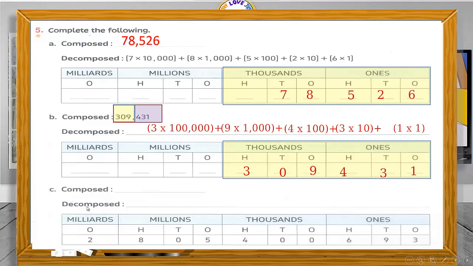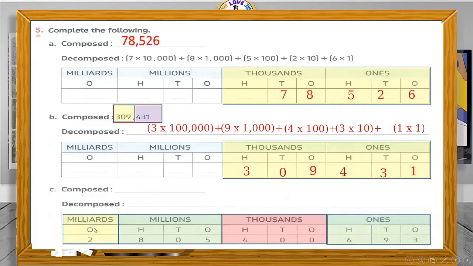Number C, composed and decomposed. Here he gives you a place value chart with numbers, or write the number inside the place value chart, and he wants you to write the number in standard form to make compose and expanded form to make decompose. 2 in milliards, so write here 2 milliard. 805 million. 400 in thousands. 693 in ones.